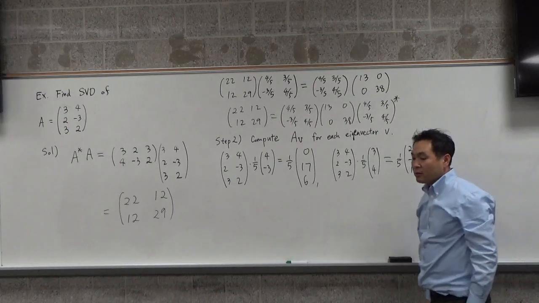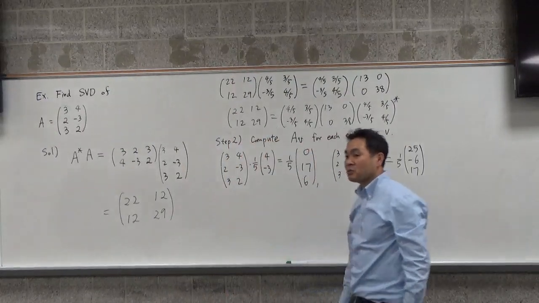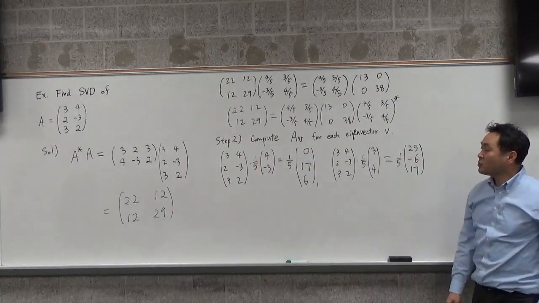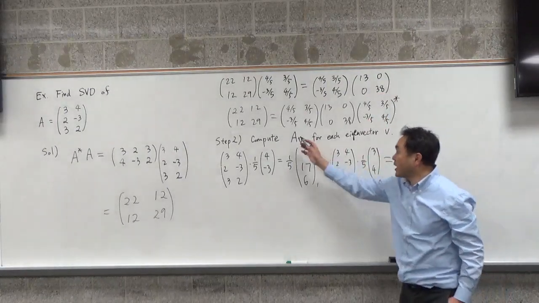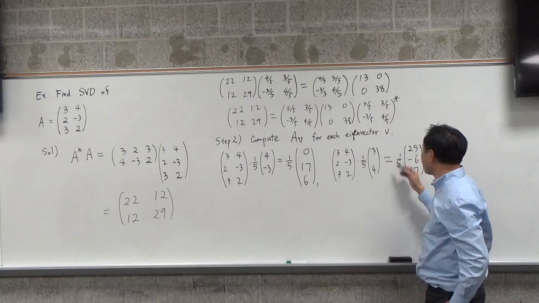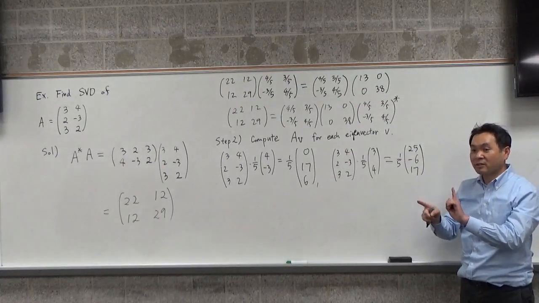And if you recall the proof that every matrix has a singular value decomposition, the idea was just take these eigenvectors, apply A to it, and the outcome will again form an orthonormal set, an orthogonal set. Okay?